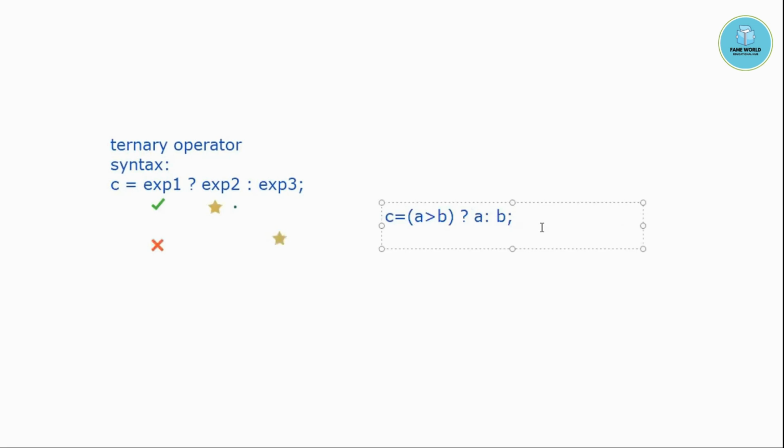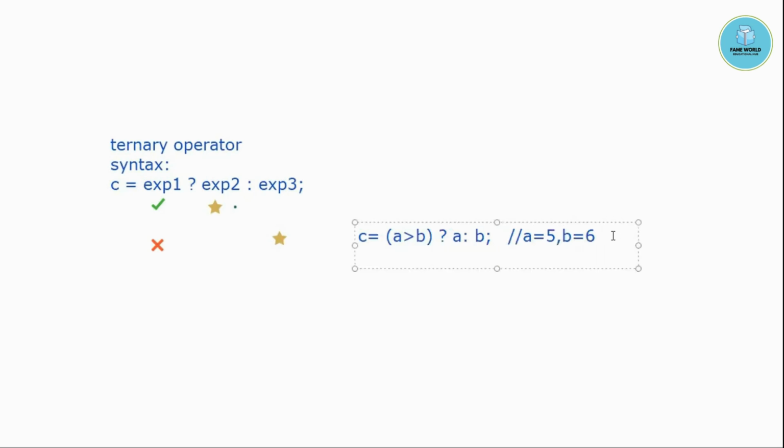Suppose a equals 4, b equals 5. Now if we take a equals 5, b equals 6, here we know very well that b is greater than a.